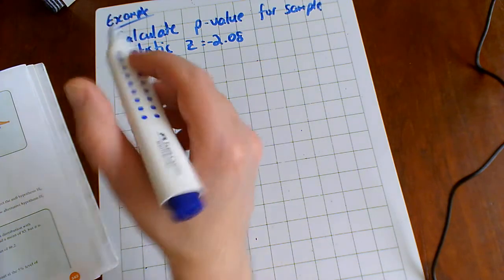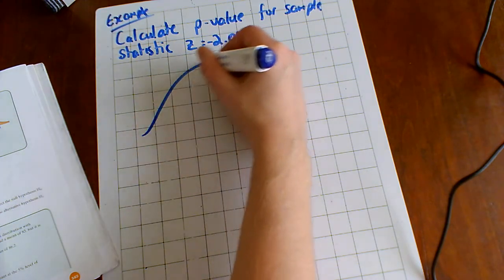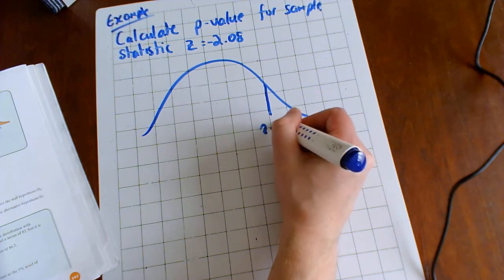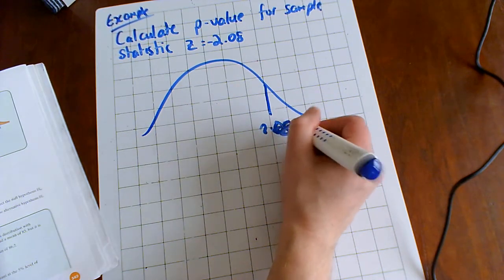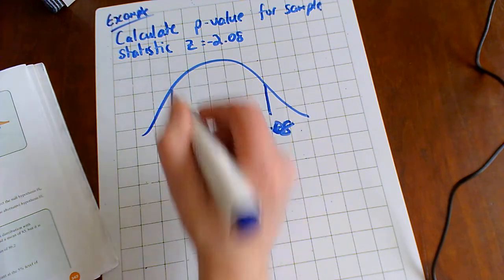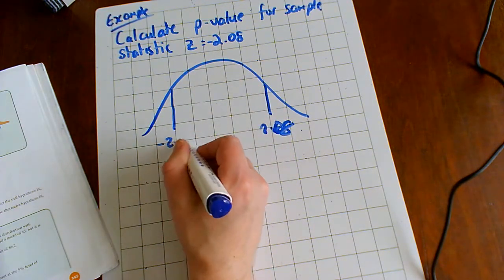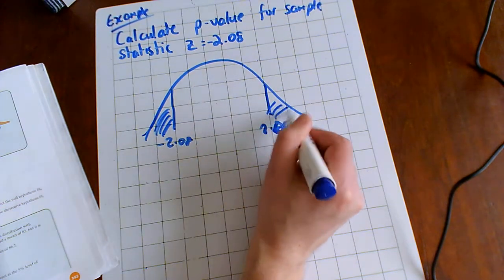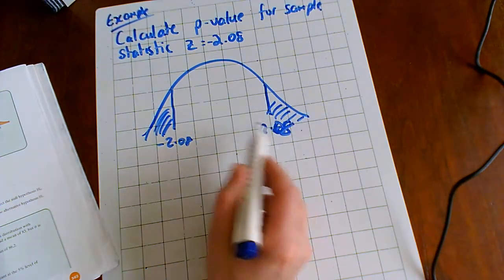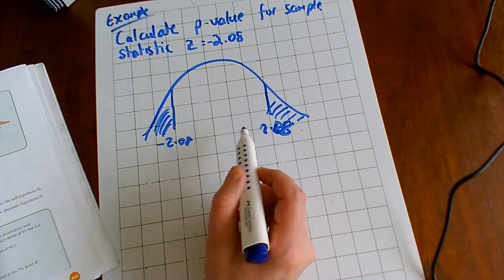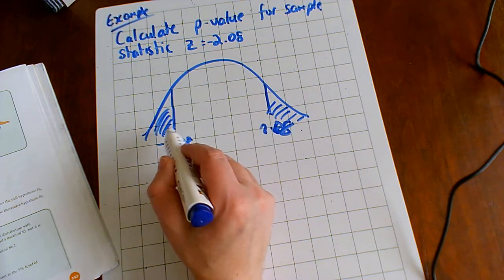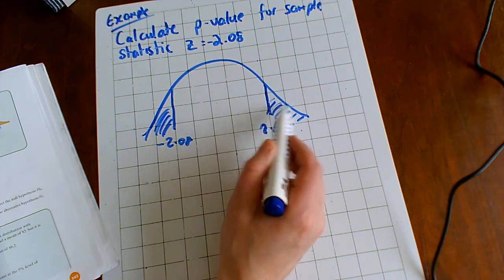The sum of the probabilities, what it wants to do, I'm going to draw this. A z value of 2.08 are these two regions in here, because we'd be comparing the 2.08 to 1.96, but if we got, say, minus 2.08, we'd be comparing that to minus 1.96. So instead we just find the area of these two.